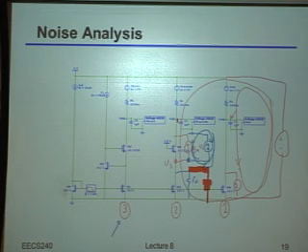Okay, so for those of you who said it's more, why do you say it's more? Other than just that you guessed? Ah, okay. So this was the answer I was hoping someone would give, but now I'm going to challenge you. Because you're absolutely correct. There's going to be noise on that Vs there, right?